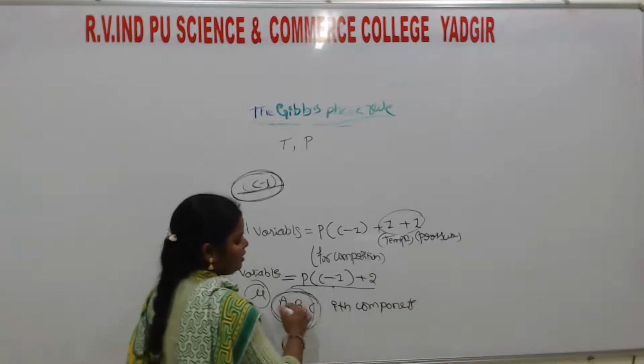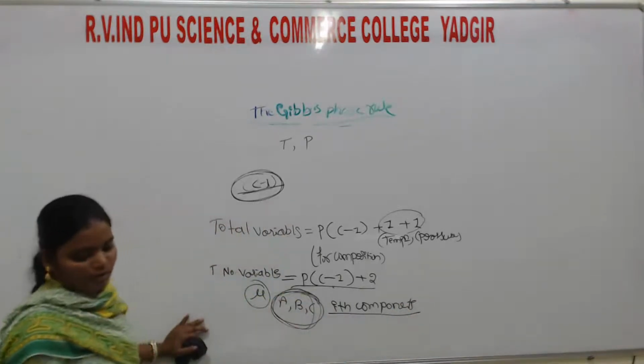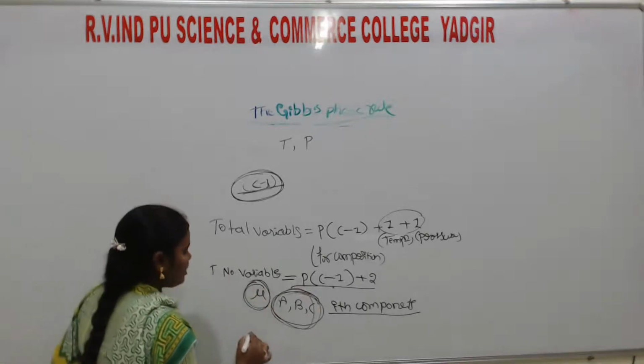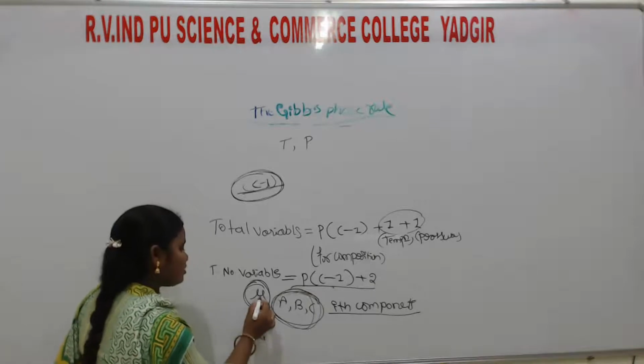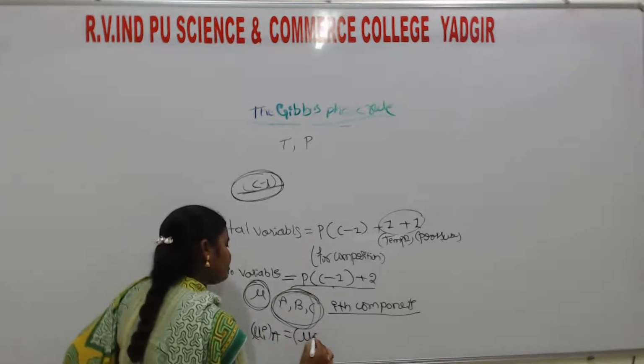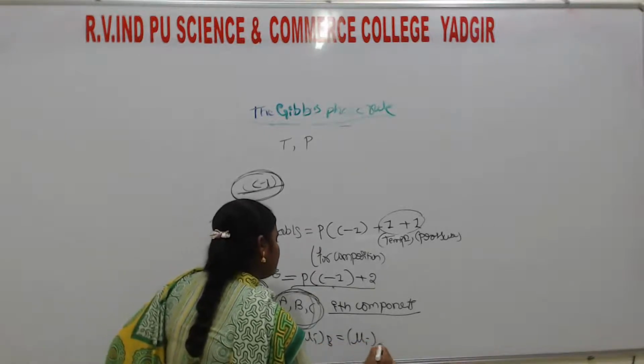The chemical potential is written as mu iA equals mu iB equals mu iC.